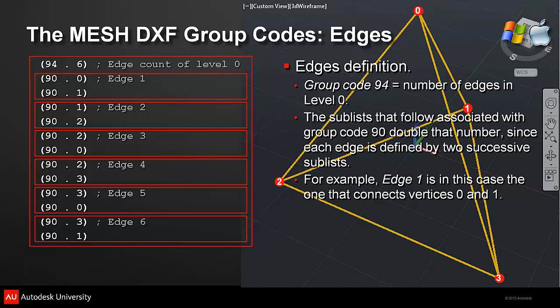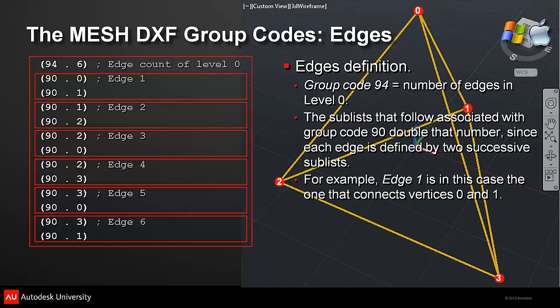Edges define both the shape of each face and the way faces are connected, as neighboring faces will share a common edge. The edges sequence is headed by a group 94 sublist that indicates the total number of edges.